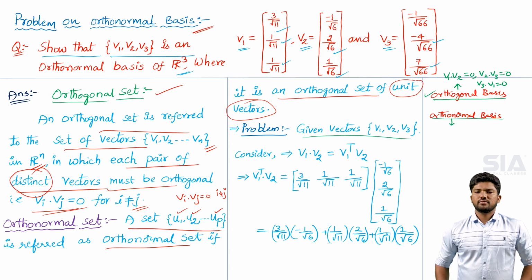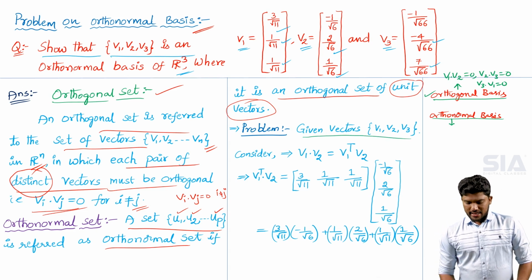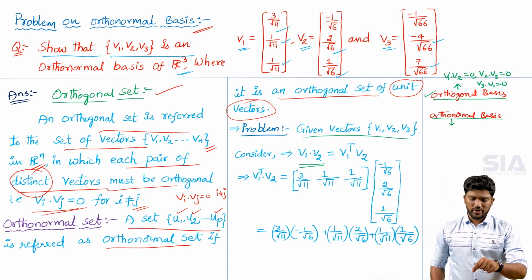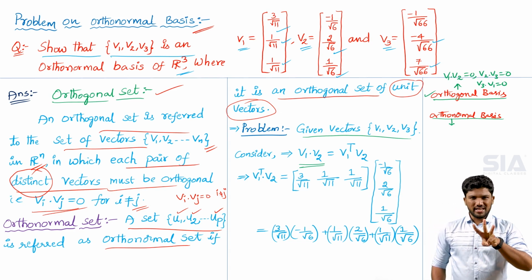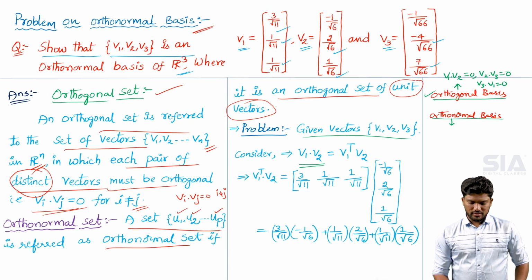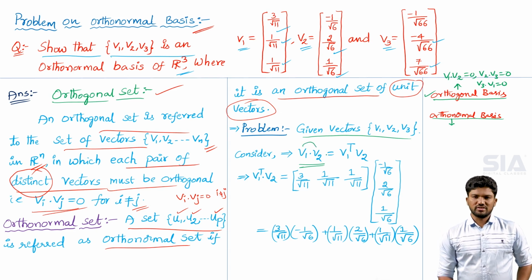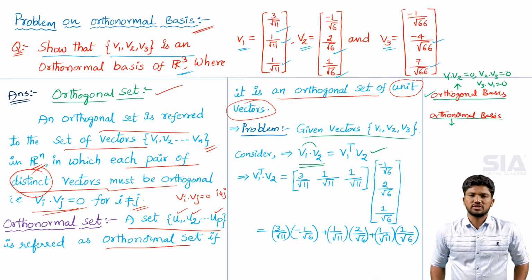Given vectors are v1, v2, v3. First of all we are going to find the orthogonal basis. For that purpose we have only three vectors. Take the product of the first two distinct vectors, v1 and v2. Here v1, v2 is the inner product. Those v1, v2 are column matrices, so we can take that inner product as v1 transpose into v2.